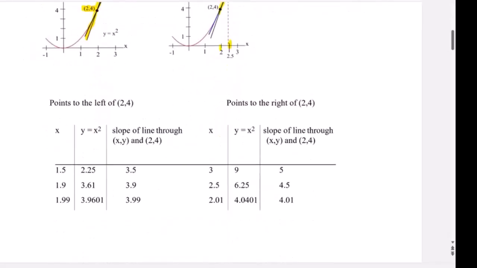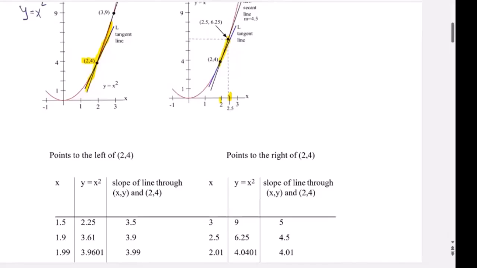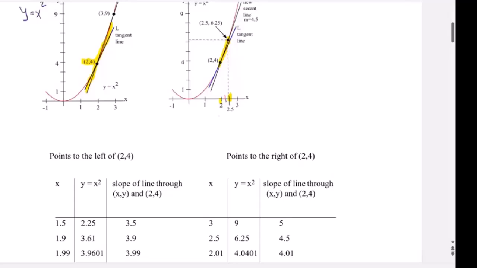And if I were to get closer and closer, what if I said, okay, now let's move it to 2.25, right? Then I'm closer. And then what if I move it to 2.1, right? Then I'm closer. And that's the idea of the derivative.